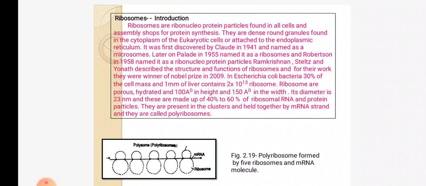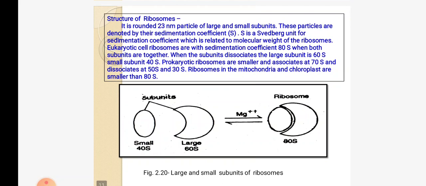Look at this figure. A polyribosome is formed by 5 ribosomes and an mRNA molecule. Let us see the structure of ribosomes.